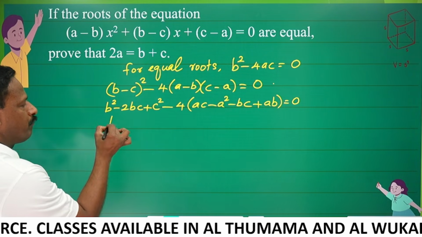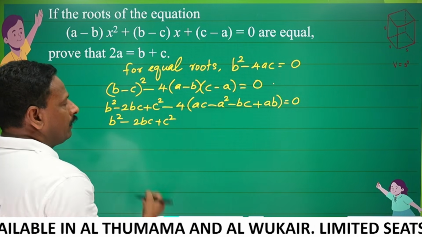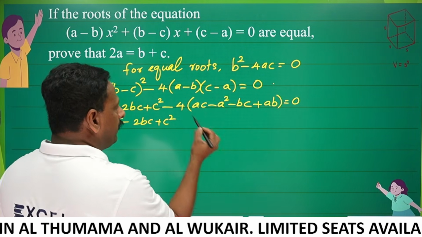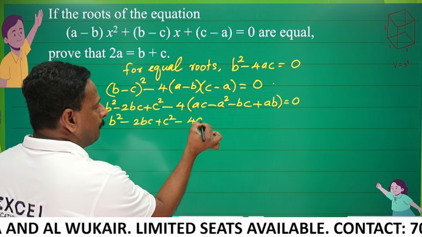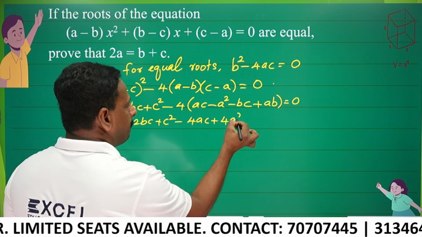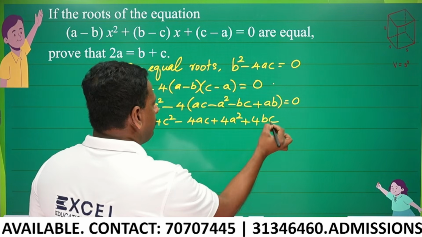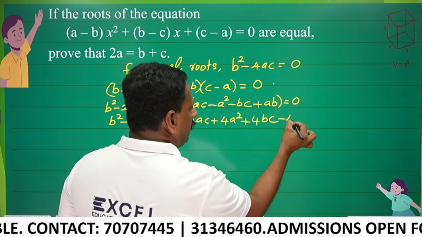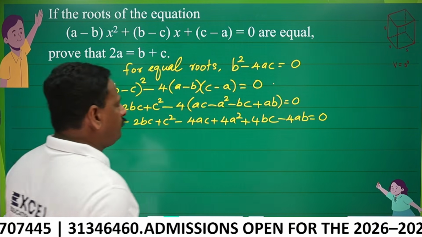That is b square minus 2bc plus c square. All these terms we have to multiply by 4. So it will be negative 4ac, positive 4a square, plus 4bc, negative 4ab equal to 0.